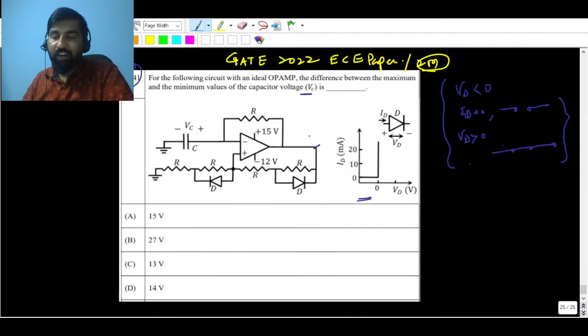Initially we consider that the output voltage is 15 volt. You have to check the status of this diode and this diode, replace them, and find the UTP, the upper threshold voltage, up to which your capacitor will be charged.